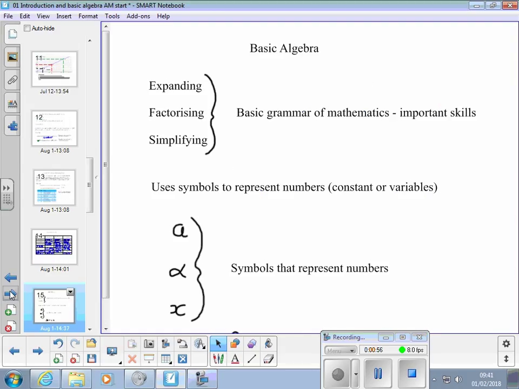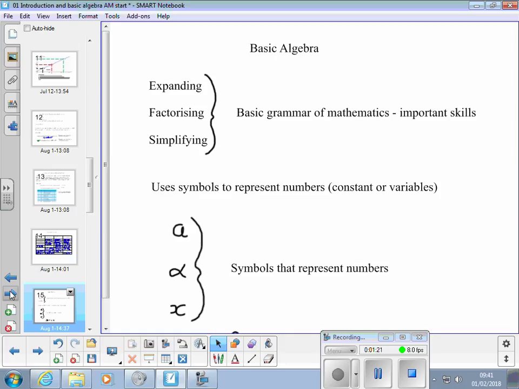So what we're going to start to look at now, and we may not get all through this set of notes this morning, we'll see, is basic algebra. Every single thing we do in maths this year and in level 5 next year boils down to you having a command of algebra.